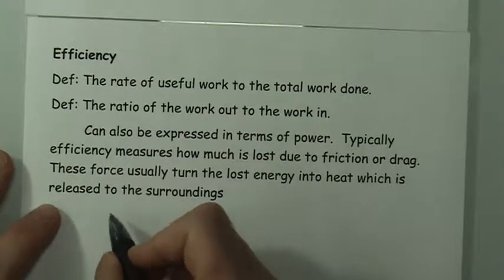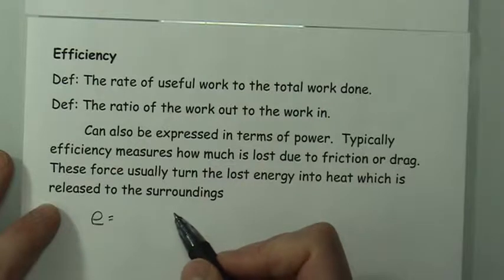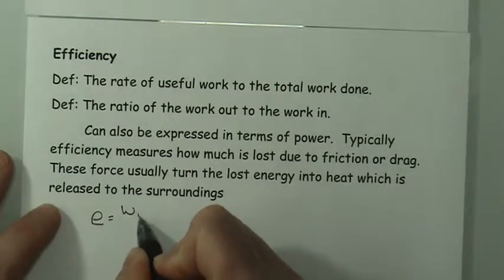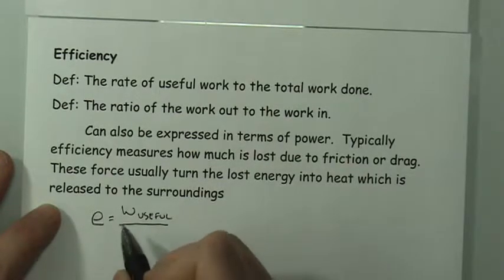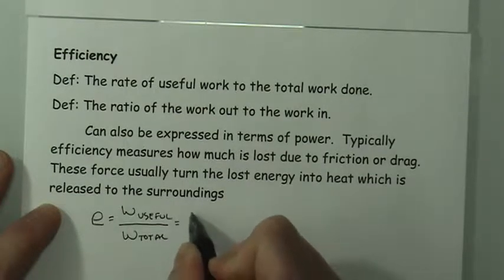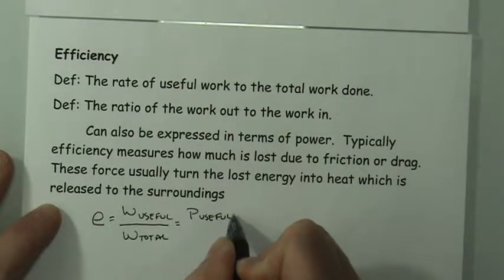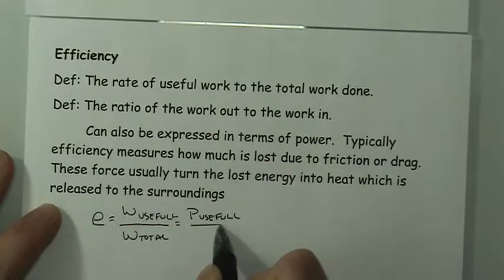So the symbol we're going to use for efficiency is lowercase e, and it can be written as the useful work over the total work, or just as equally well, we could say the useful power divided by the total power.